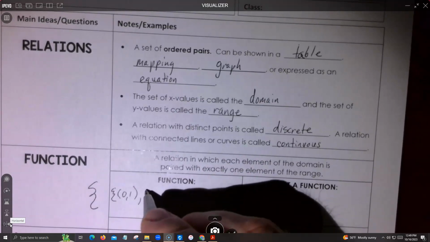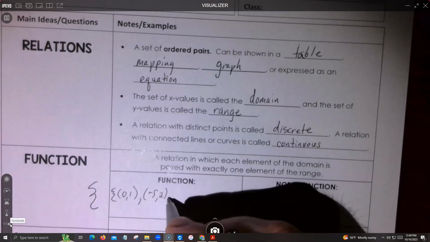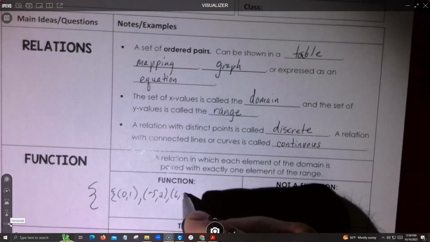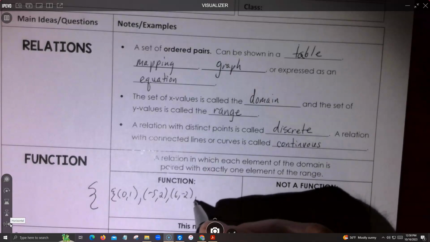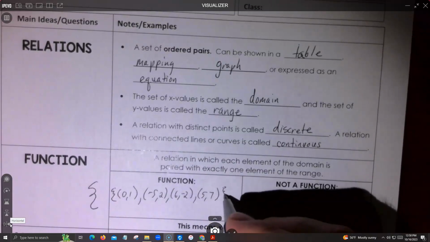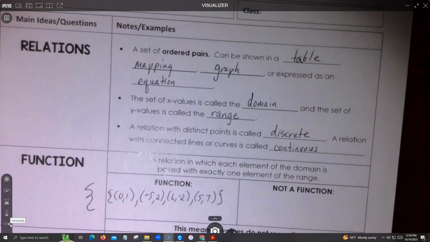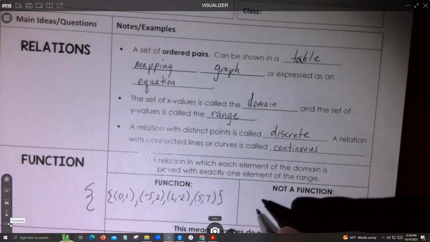All right, so here's (0, 1), (-5, 2), (6, -2), (5, 7), and that's good. So we have these 4 points. Here the 0 has been mapped or paired with the 1, -5 has been mapped with the 2, 6 has been paired with -2, and 5 with 7. So that's considered a function.